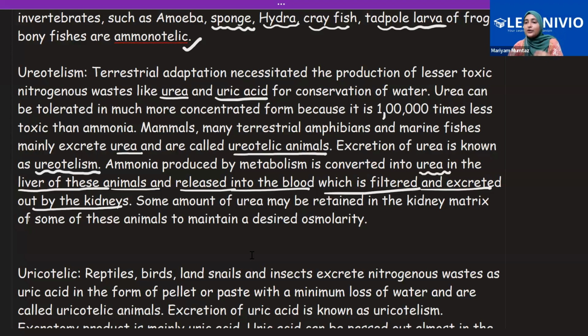Why? Because we are losing excessive fluid and nutrients from our body when a person has severe diarrhea. So the doctor prescribes the oral rehydration solution, which has enough electrolytes in it. Why? Again, to balance out. Without electrolytes, without the ions in our body, the impulses will not be conducted. The proper functioning of the body will not happen. That is why ions are very important. And to keep that balance, some urea is retained in the matrix of the kidney. Clear?